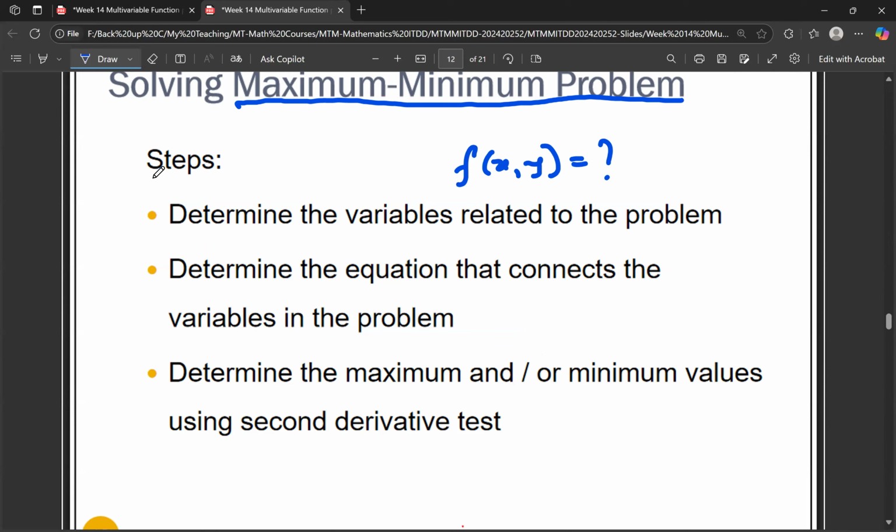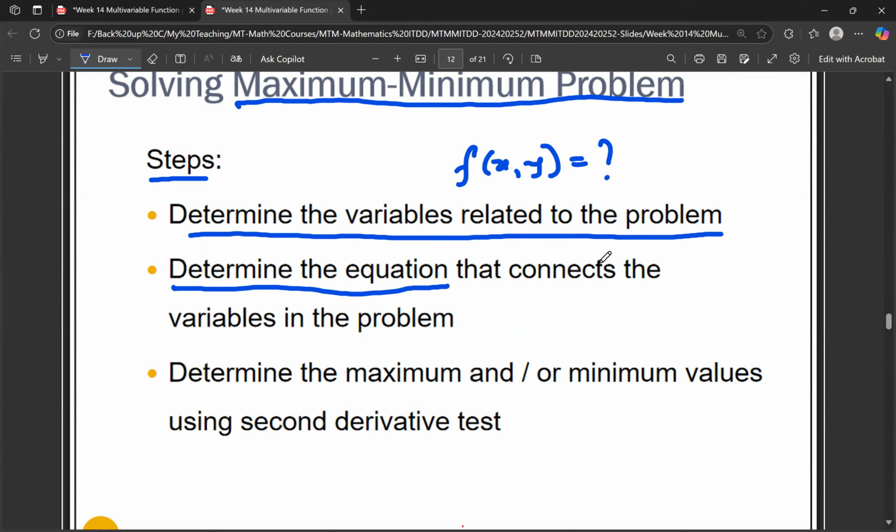So the steps to solving the maximum and minimum problem: we must determine the variables related to the problem and determine the equation. So what is x, for example, what is y, or what is z. We must determine independent or dependent variables.